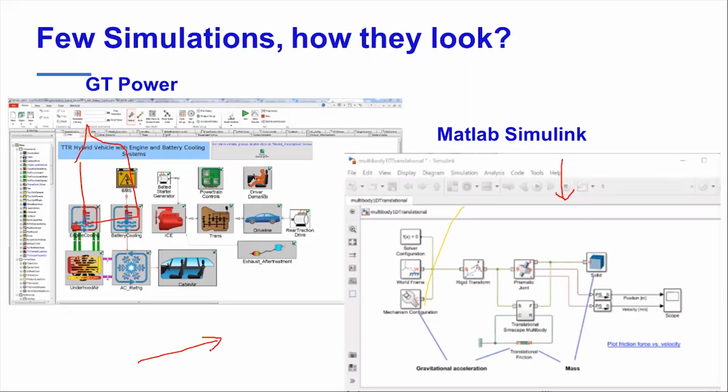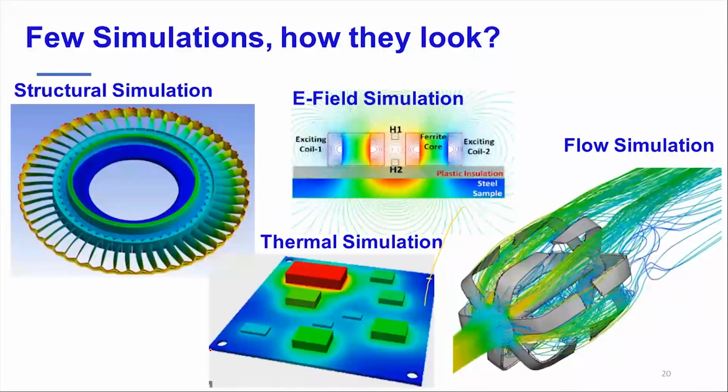Then you definitely have 3D or 2D simulations, which you all might have had a look at. This is a turbine blade, one stage of a turbine blade, where maybe the centrifugal load was simulated. Now this is an electric field simulation. You have a core and a coil, and you see how the electric flux density varies when the coil is excited. Then you have this PCB.